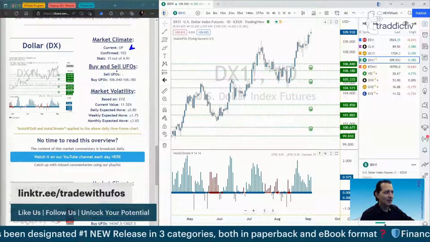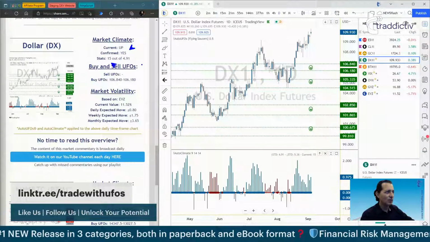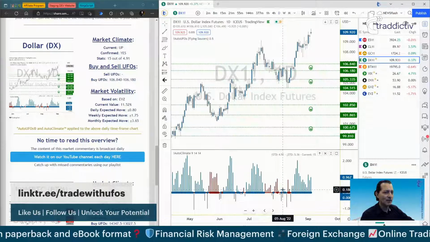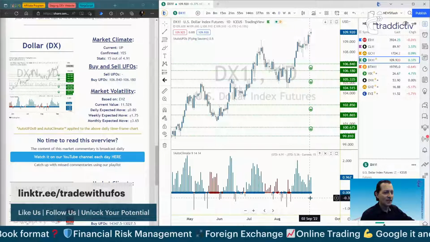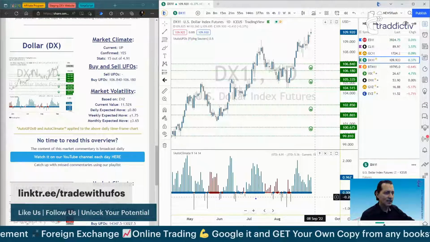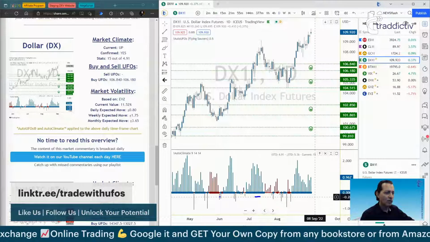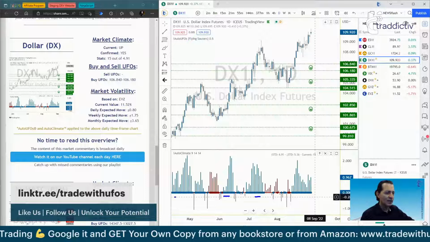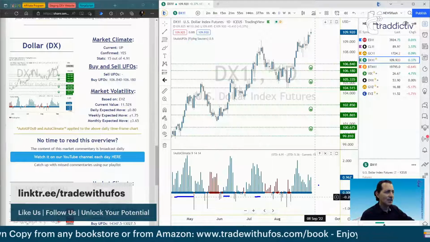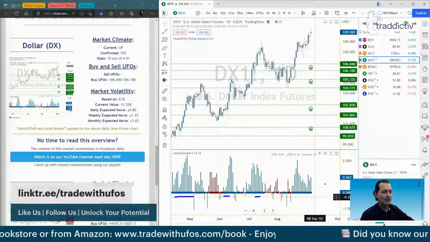Well, we have an up climate which has been running for 15 candles, where statistics suggest 4.91 is a normal thing to happen. We've been going up for 15 candles, which is totally far from what statistics suggest. This has been happening a few times, where we've got this very, very lengthy, prolonged blue climate. And of course, statistics are adapting little by little.